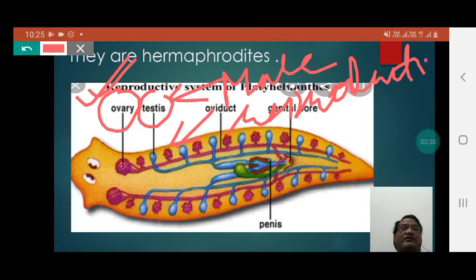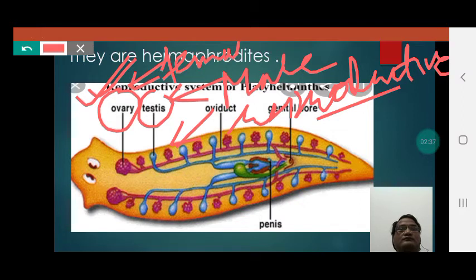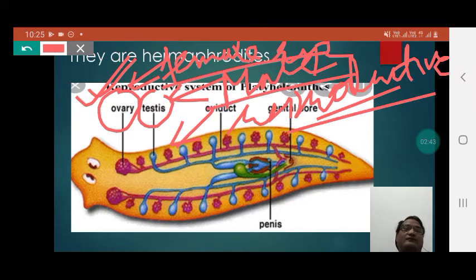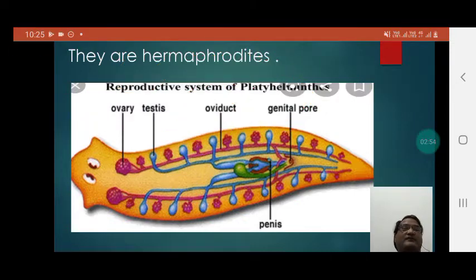Here you can clearly notice that the female reproductive organ and the male reproductive organ both remain present in the same structure, in the same organism, and that is why they are called hermaphrodites.